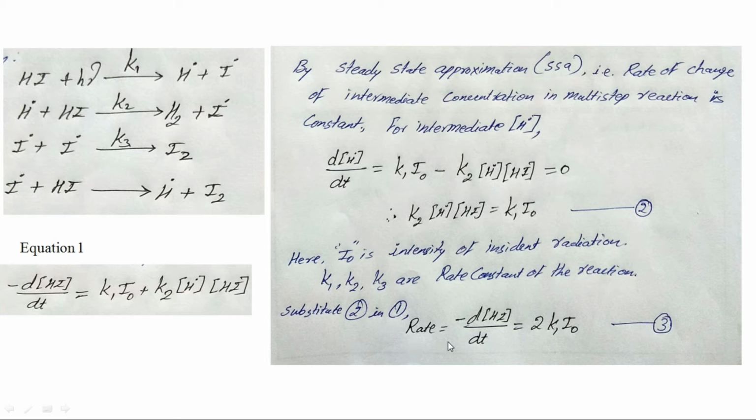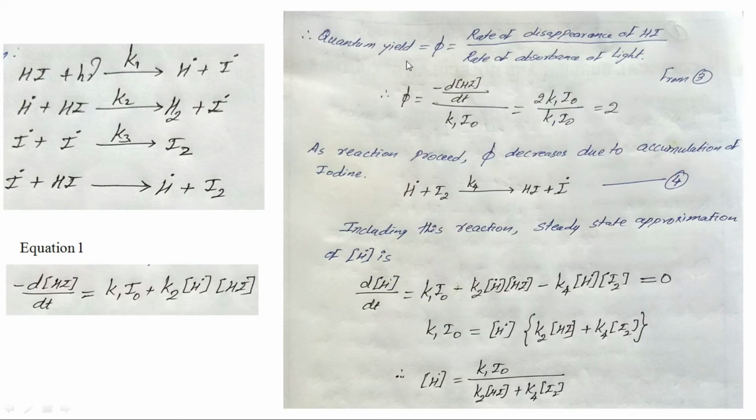Now in this particular case, we have calculated rate of dissociation of HI without any quenching process. So the quantum yield for this particular process is rate of disappearance of HI divided by rate of absorption of light. So rate of disappearance of HI is minus d[HI] upon dt, and rate of absorption of light is the rate of first step, that is K1 into I naught.